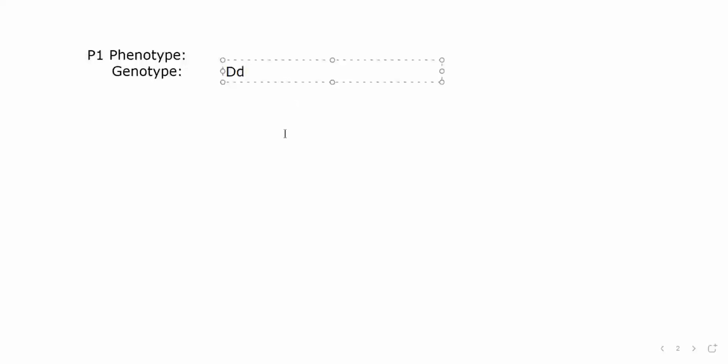And I go backwards now and ask myself, phenotypically, what will this produce? Because dark is dominant, I'll have dark fur for the male.